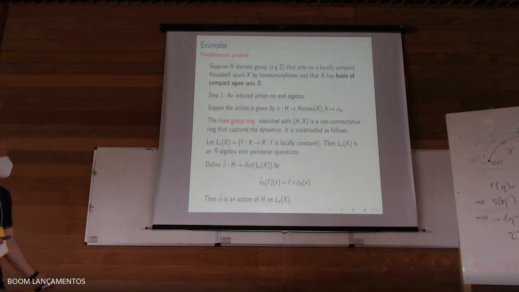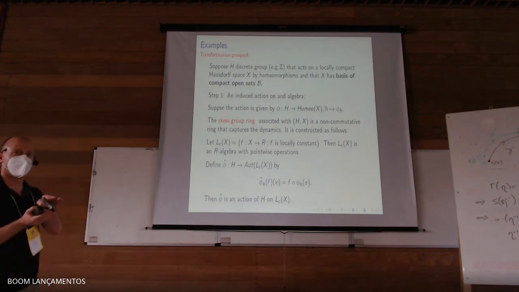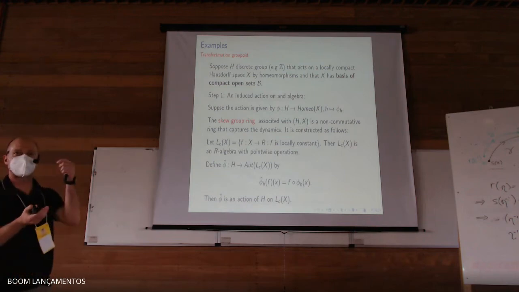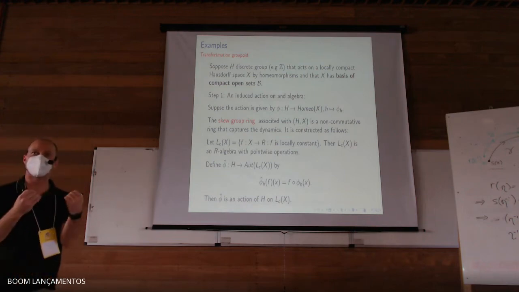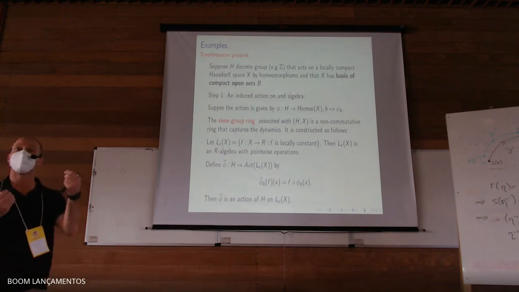Then this gives us an action of H on the R algebra. All right, so we started with the dynamical system, H acting on some topological space, and from that, we got a new action of H on an R algebra.